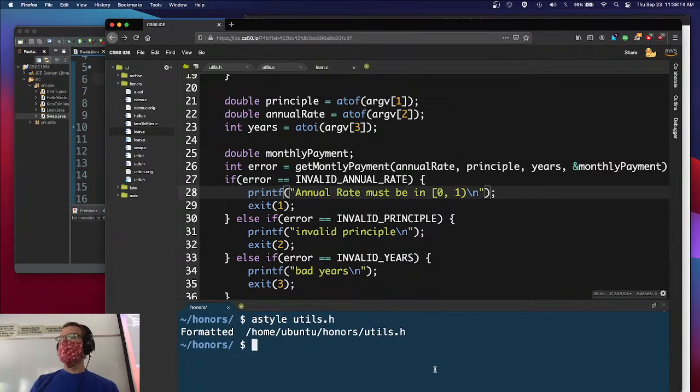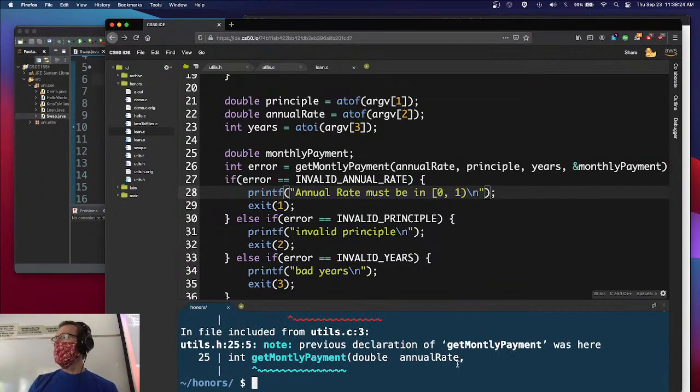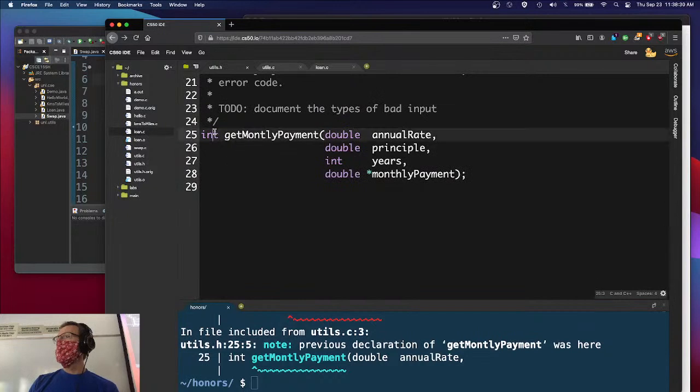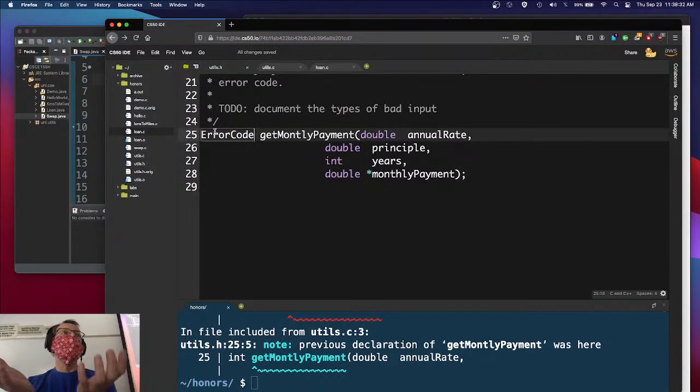So let's make sure that it works still. gcc -c for utils.c. Remember that's compile without linking, right? Oops, I did forget to change error code over here to this error code right here. And there maybe is an argument for not aligning it like that, because if you ever go and make changes, you're going to have to tab over a little bit more every single time.